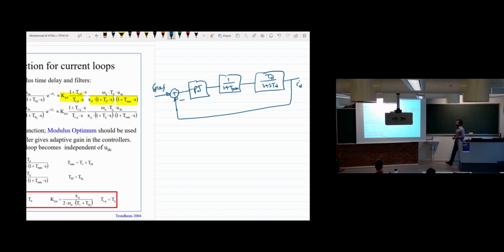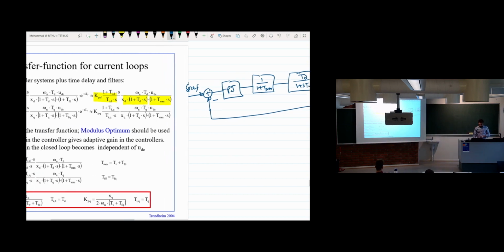Since we added the cross-coupling term and the decoupling term, and they are canceling, finally we come up to this equation. All the cross-coupling and decoupling terms are cancelled because we fed forward and added the decoupling term. And from this, we got this open loop transfer function.